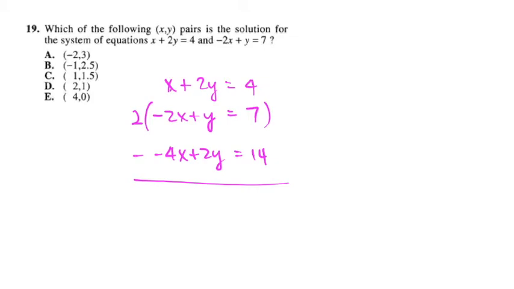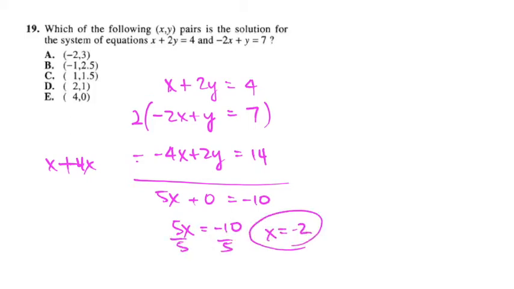So it'll be x minus negative 4x, which is x plus 4x, that's 5x. 2y minus 2y is 0. And 4 minus 14 is negative 10. 5x equals negative 10. Divide by 5, x equals negative 2. So we know that A will be our answer because there's only one negative 2 x value in the answer choices.